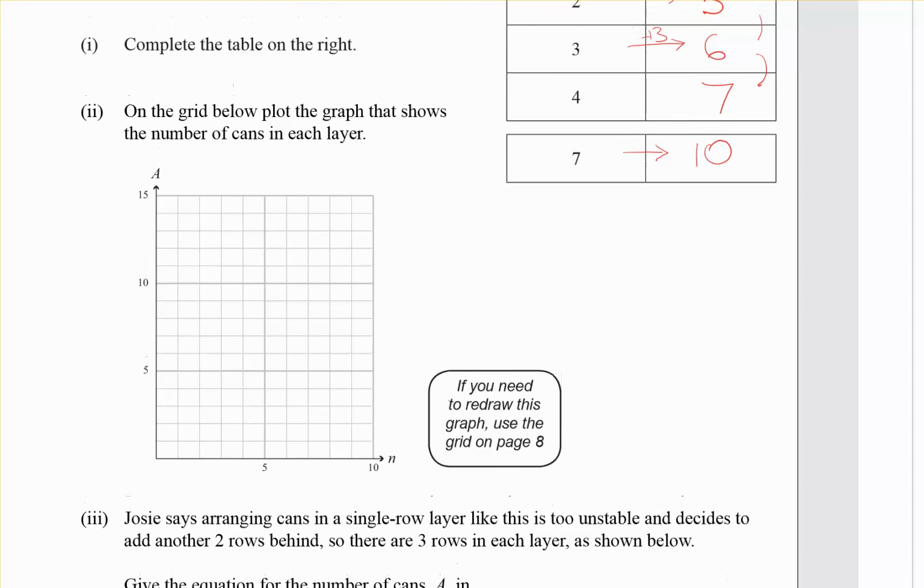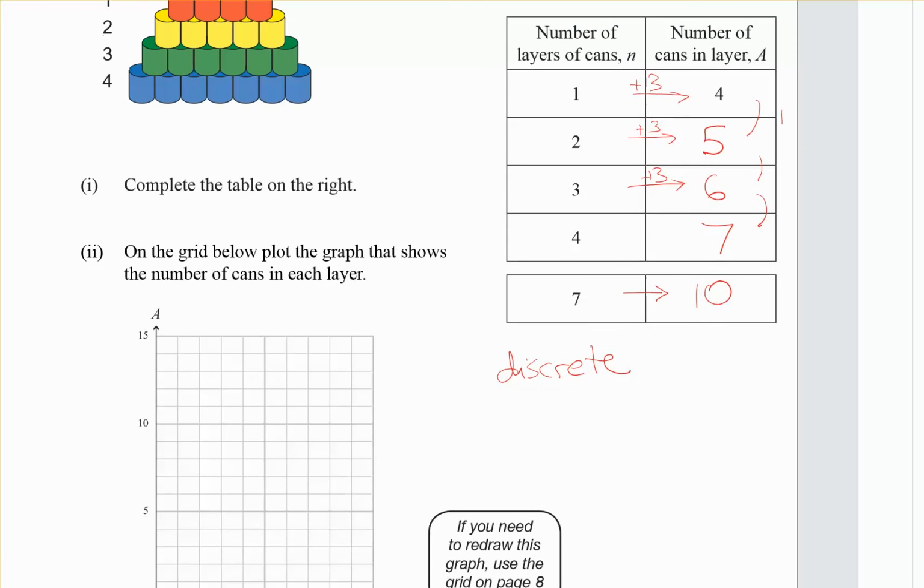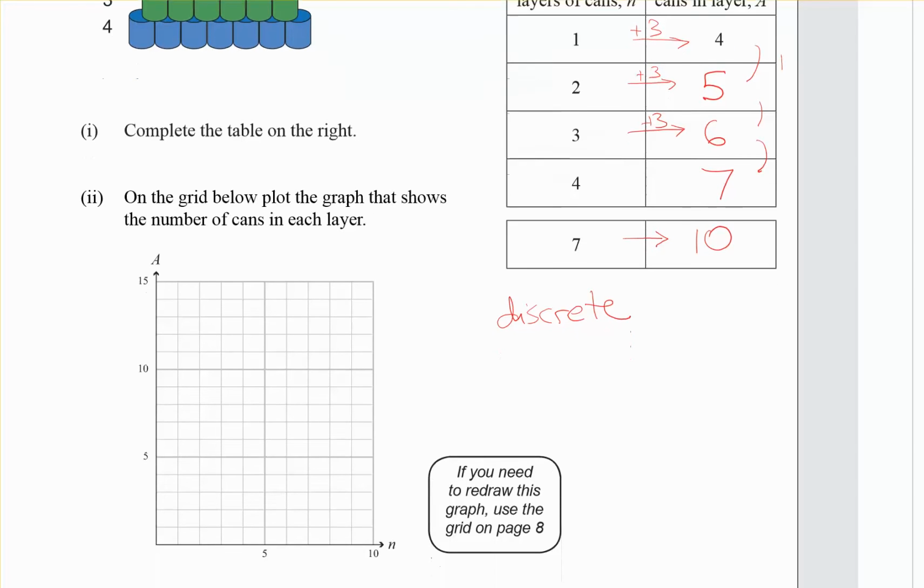Right, so plotting this data on the graph. Now we need to think about the sort of data it is. It's clearly discrete, and that means whole numbers. So we're going to be needing to use crosses rather than a line. In the first layer, layer 1, we've got 4.